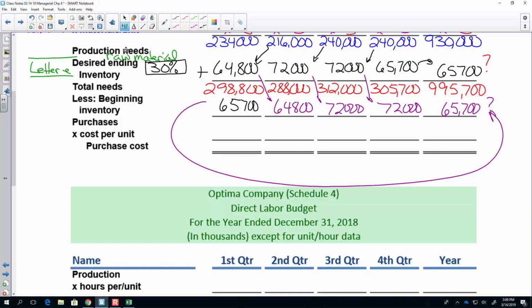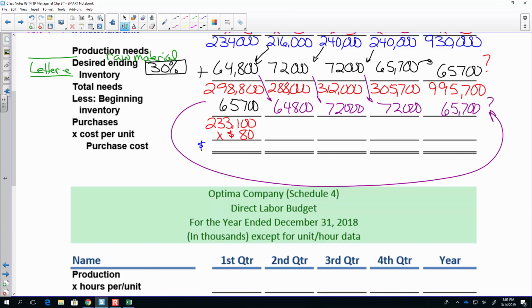So for production, 2,3,100. And what does it cost per unit? In letter D. The 80, right? Expensive little part, is it not?